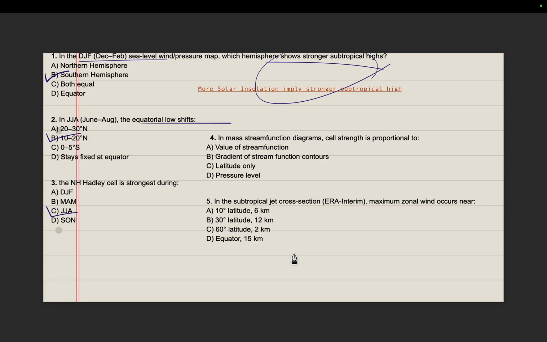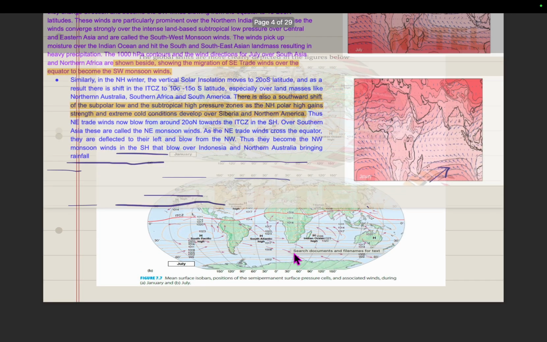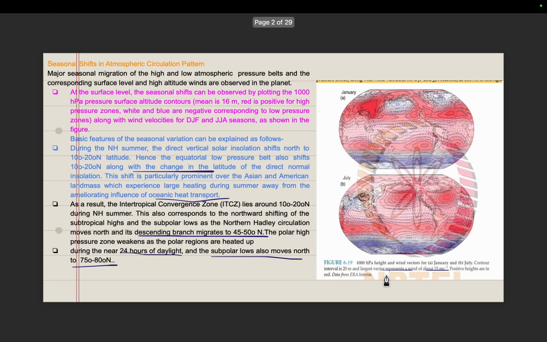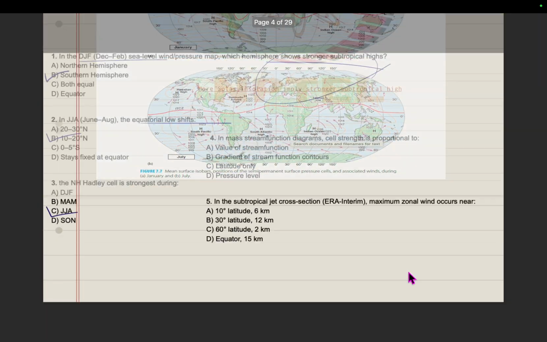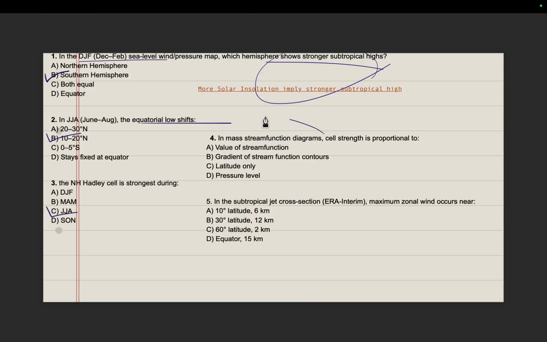In mass streamline diagrams, this kind of diagram, like the height and wind vector diagrams, are known as stream function diagrams because they give the strength of some vector quantity. Here the cell strength is proportional to what?